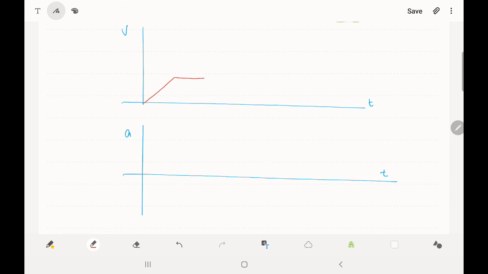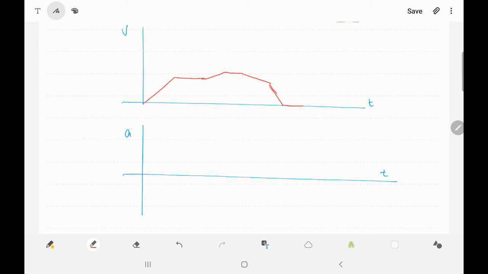And then let's say you have a small increase in speed, and then again you reach a new speed and you become constant. Okay, this dip is not here. And then for some reason, you slow down, and then you have to apply the brake very rapidly, and you stop.